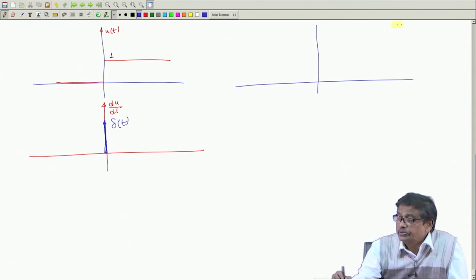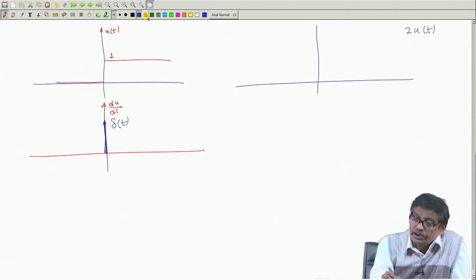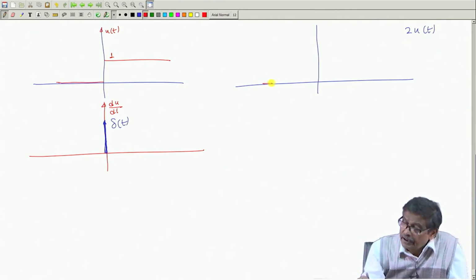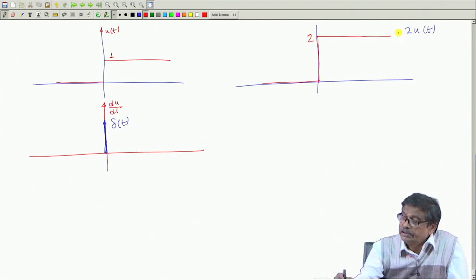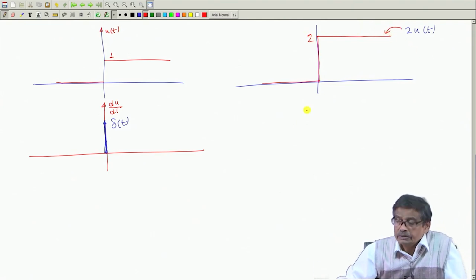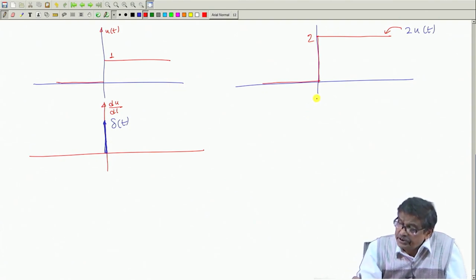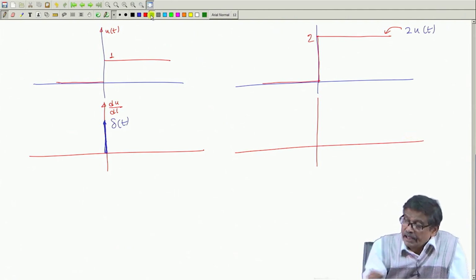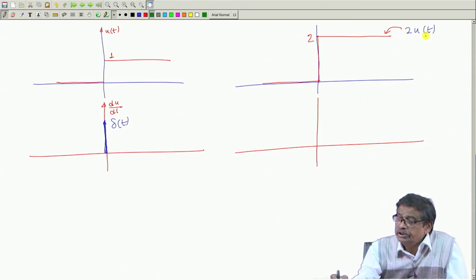Similarly, suppose you sketch another curve. Say if I ask you to sketch 2u(t), so it will be a unit impulse function of strength 2. This is 2u(t). For t greater than 0, it is 2. And if you differentiate this function, this 2 is in any way a constant, 2 into du/dt.